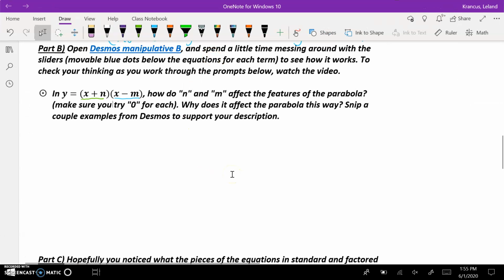So watch what happens if we assign numbers to these. I'm going to write out my equation. I'm going to have y equals (x plus 3)(x minus 1). Remember, x-intercepts are the values of x when y is 0.